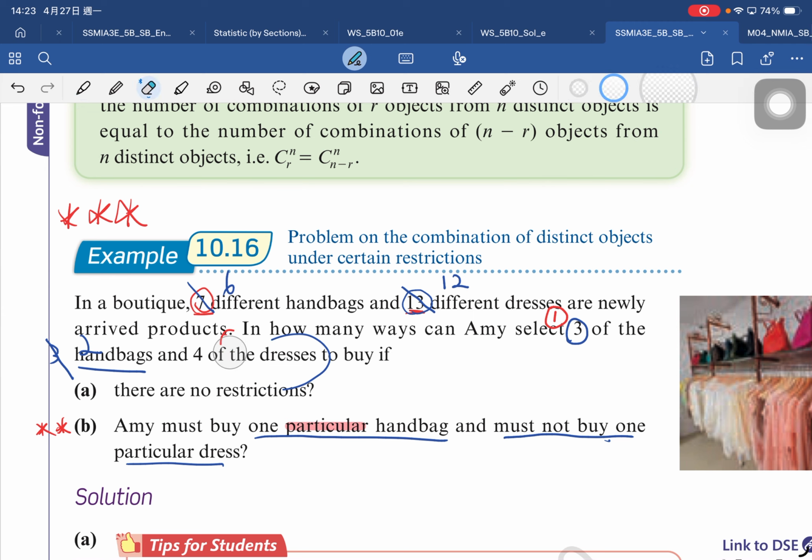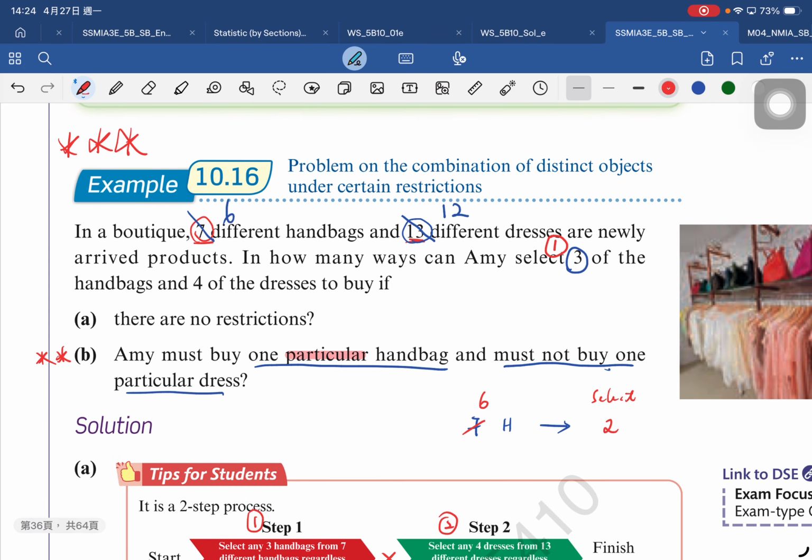So I repeat, originally there are 7 handbags, but one particular handbag she must buy. That means she still selects 2 of them, out of 6. How about dresses?